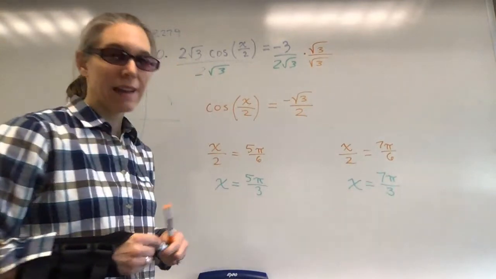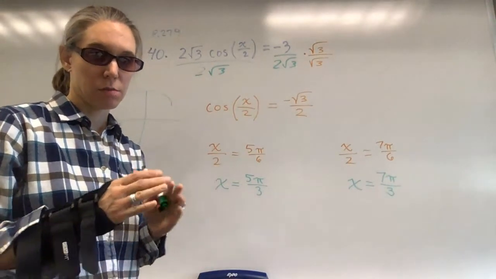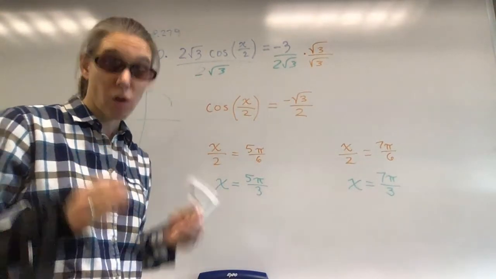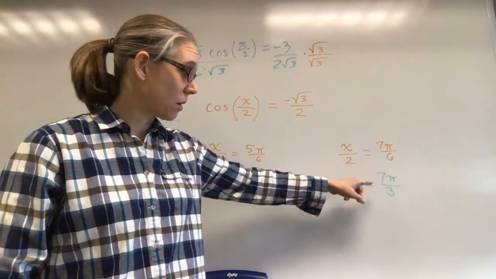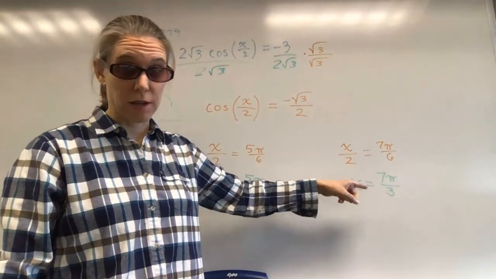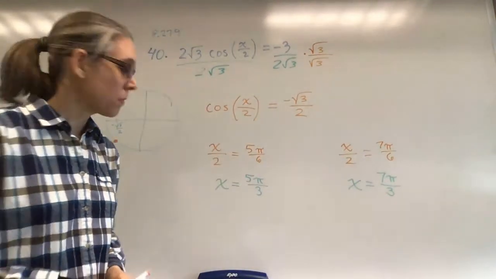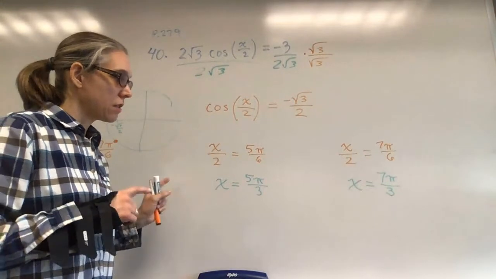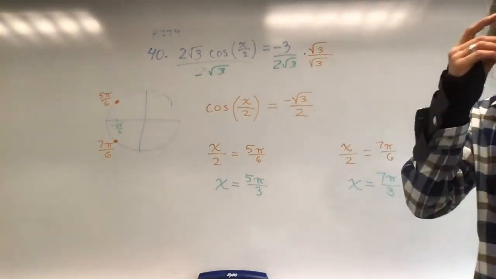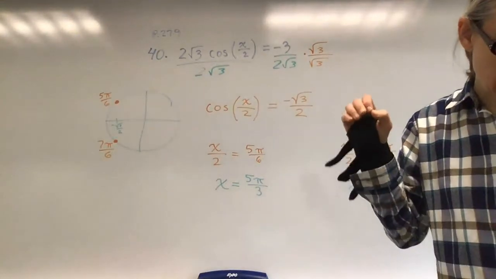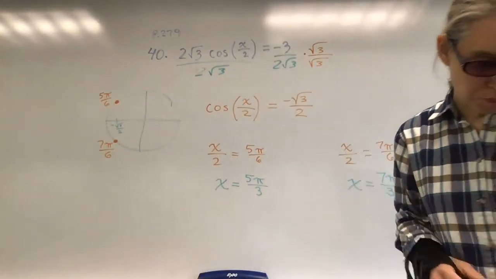Now, had the problem said pick the numbers between 0 and 2 pi only, then you would need to reject this number because this number is greater than 2 pi, right? 7 thirds is 2 and 1/3. So that would be a different set of directions, though, because if we look at the book, it says x is in radians, and we need all exact solutions.